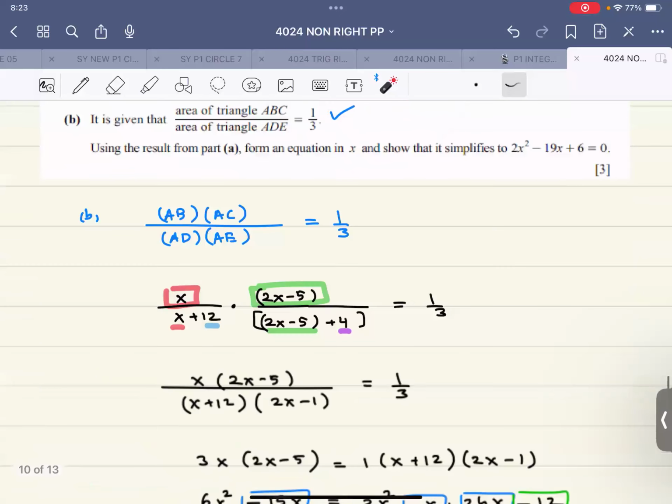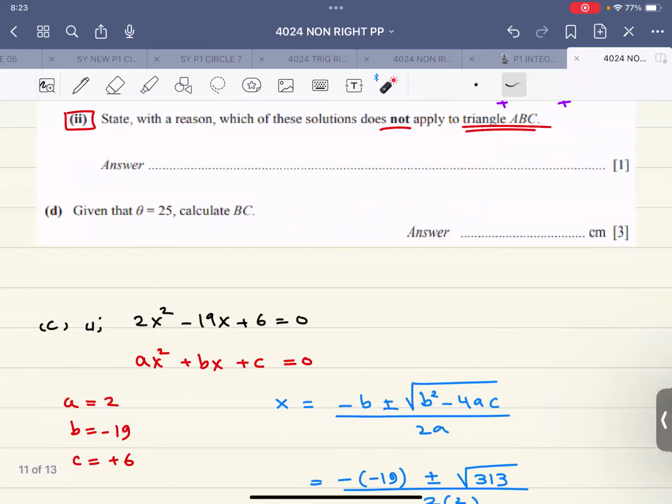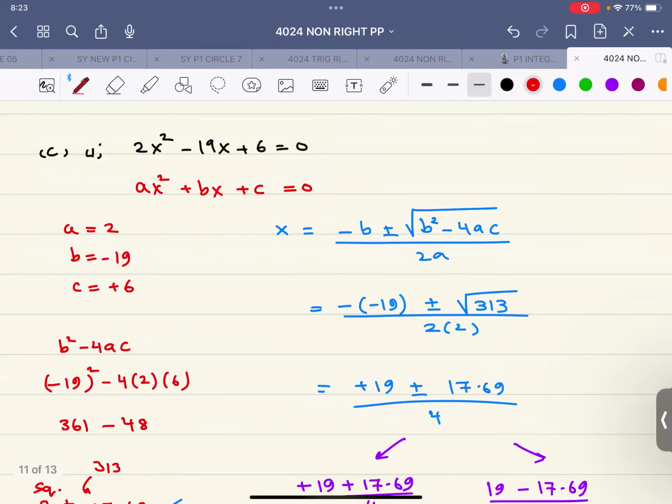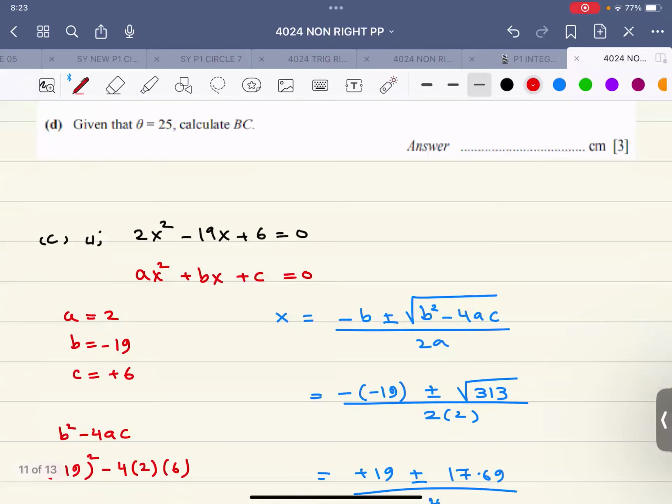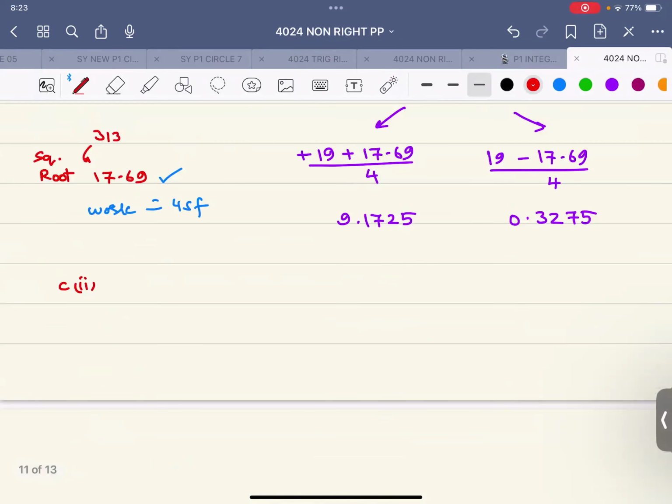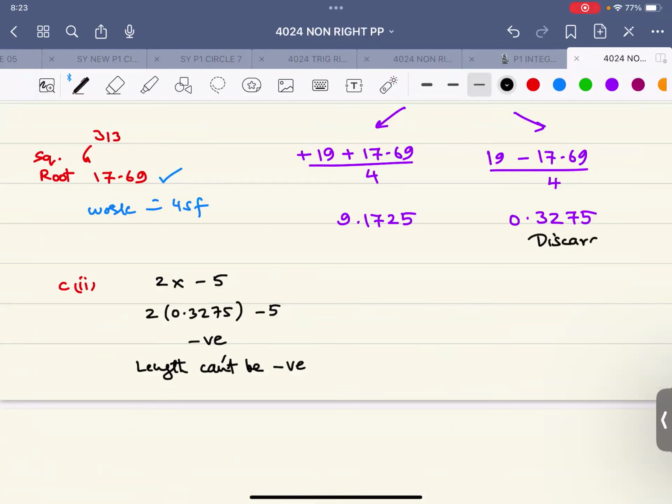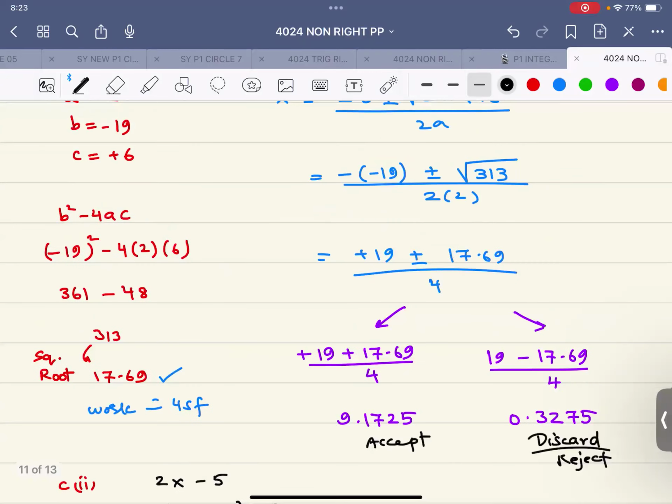So if we talk about 2x minus 5, that is 2 into 0.3275 minus 5, we can see that this is a negative value, and we know that length, dimension cannot be negative. Therefore, we have to discard this value and we have to accept this value. Discard or reject, you can use either term. So that is the answer.